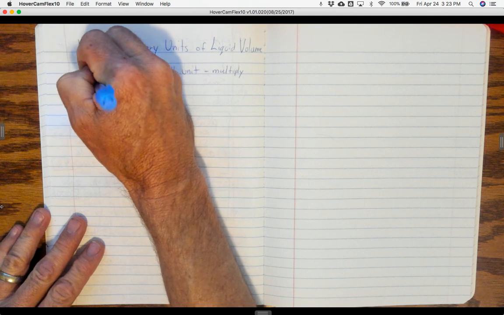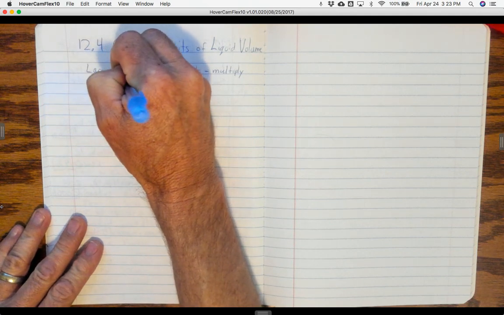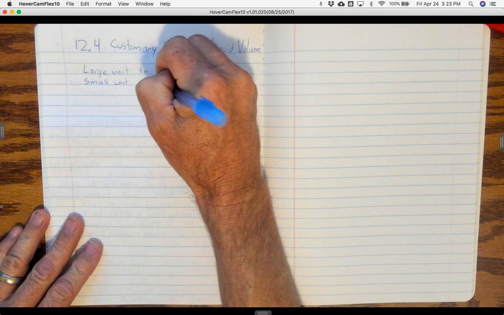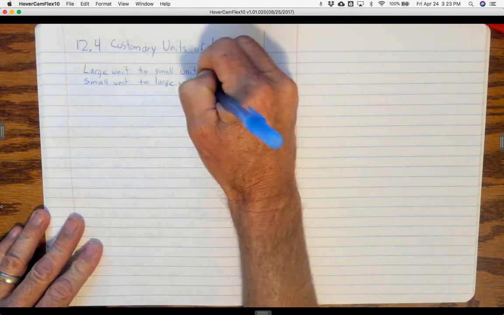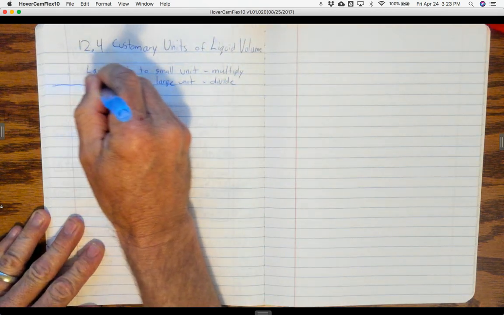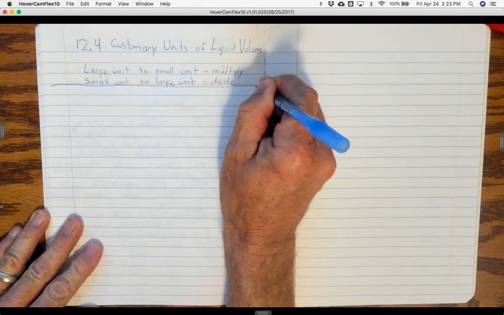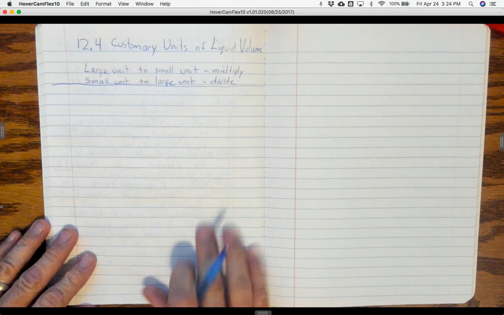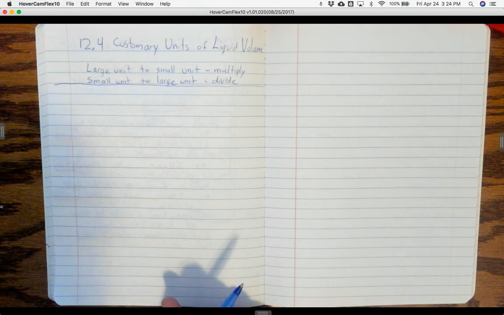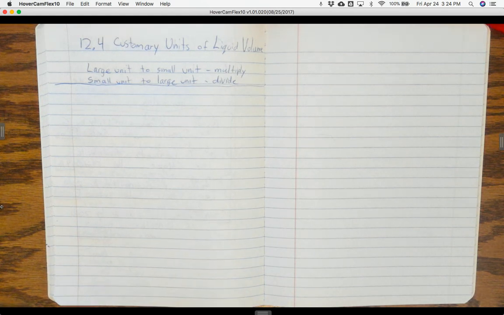And opposite, if we have a small unit and we're converting it to a large unit, we're going to divide. So I know we put that on the last 2 lessons, and we're going to continue with that.